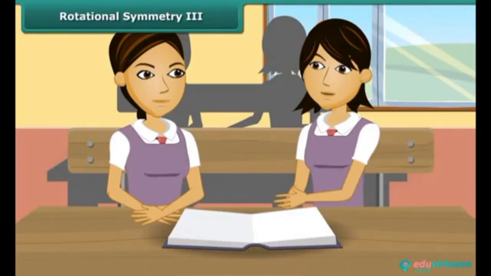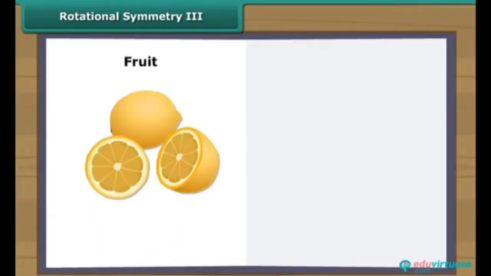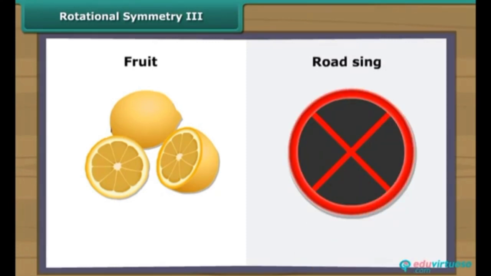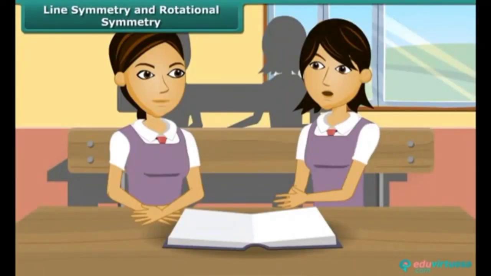Priya, can you tell the shapes around us which have rotational symmetry? Yes. When we slice certain fruits, the cross sections are shapes with rotational symmetry. There are many road signs that have rotational symmetry. Do you know which the most perfect symmetrical figure is? Is it the circle?